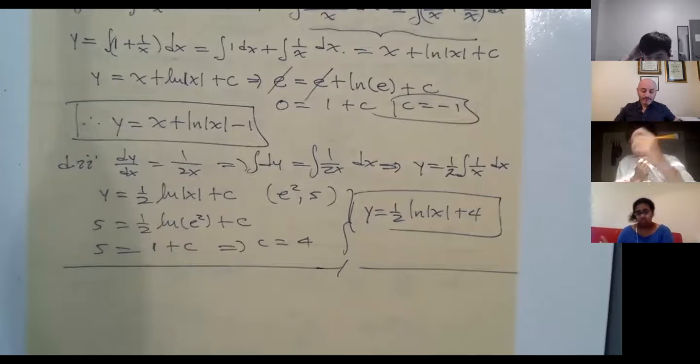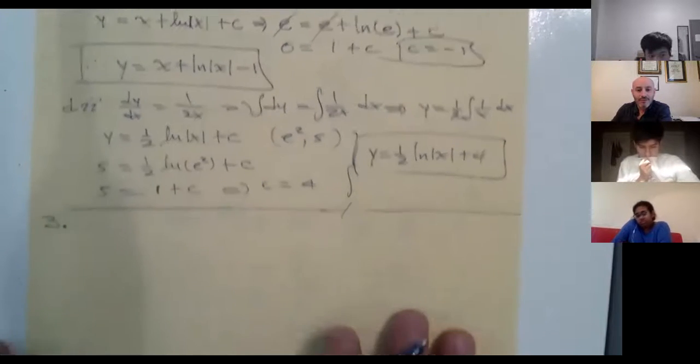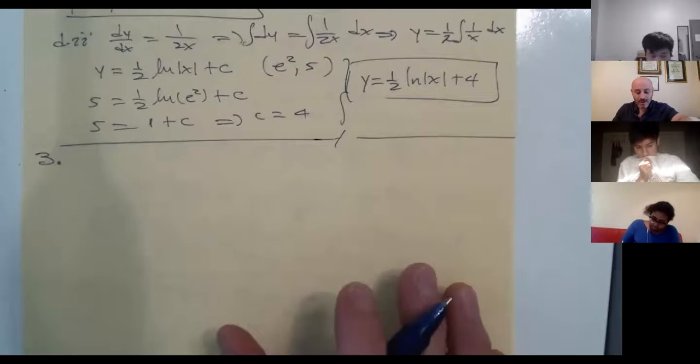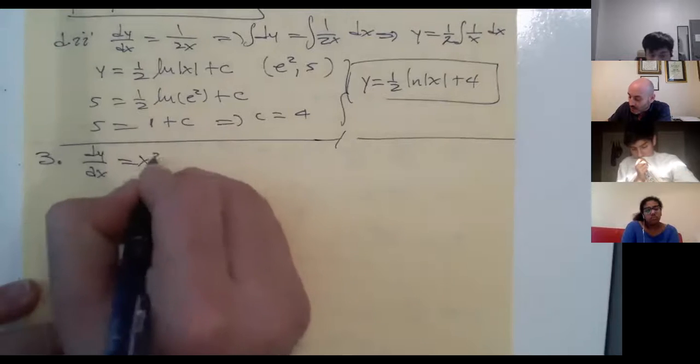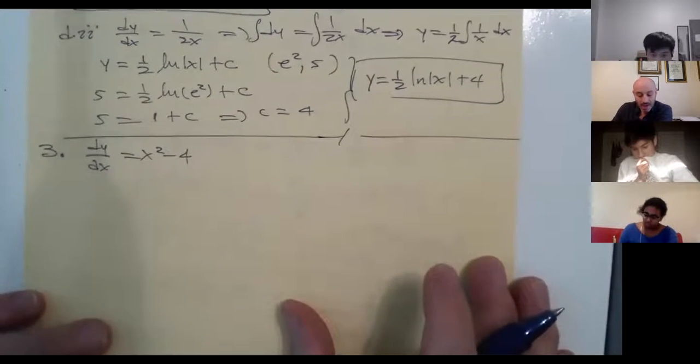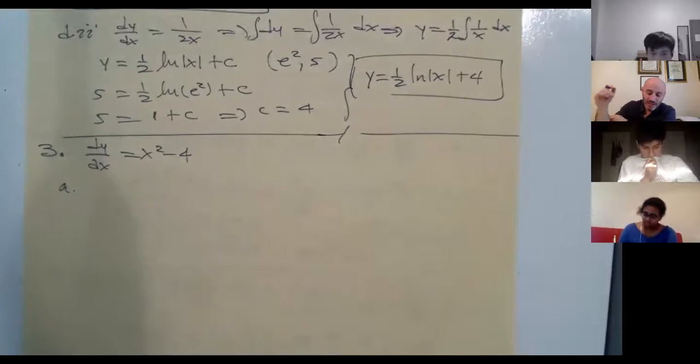So I'm going to do problem 3, okay? Problem number 3. It says the gradient of a curve is found by this, dy dx equals x squared minus 4. Part A says, find the x coordinate of the maximum point, and justify that it's a maximum.